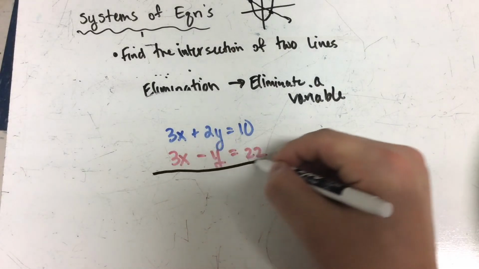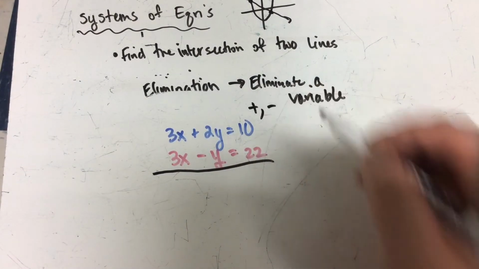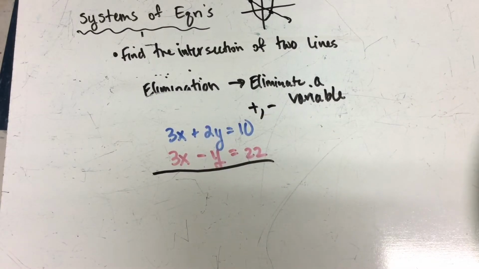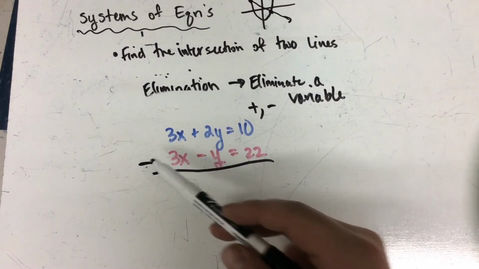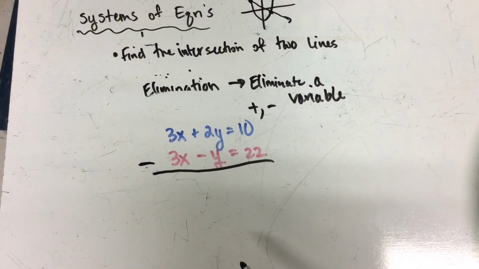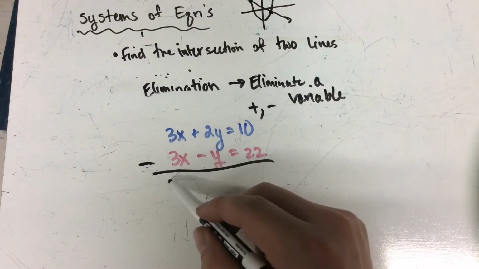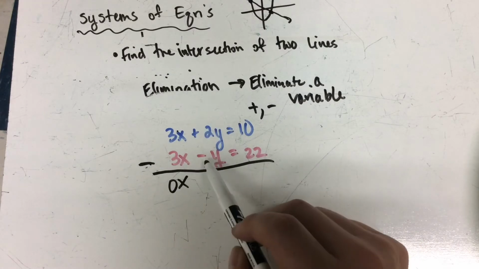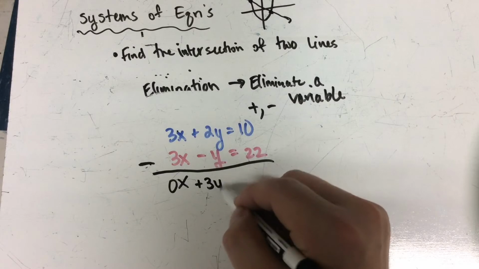So we'll draw our underneath line. We need to ask ourselves, addition or subtraction will get rid or eliminate the variable. In this case, we're going to need subtraction. And again, I'm going to touch that subtraction sign every time I perform a move. So 3x minus 3x is 0x. 2y minus negative y. This is 3y.